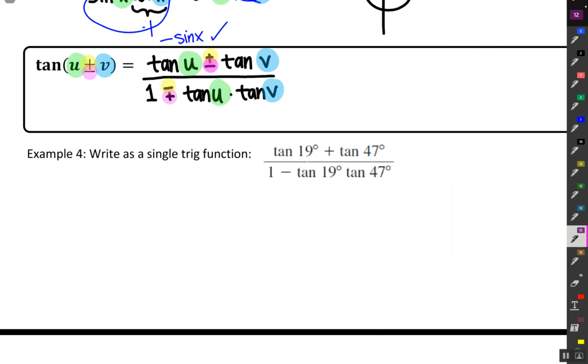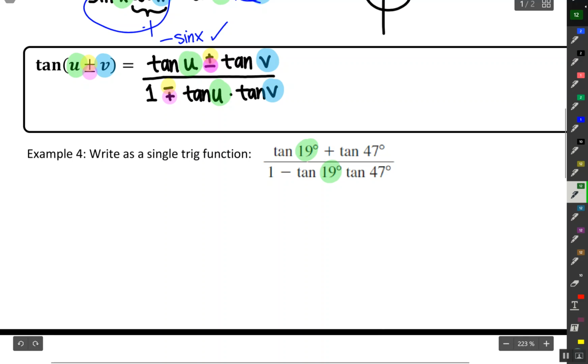Okay, so let's take a look at our example here. Write as a single trig function the tangent of 19 plus the tangent of 47 divided by 1 minus the tangent of 19 times the tangent of 47. So this is pretty much the formula. It fits it perfectly. Our u is 19 and our v is 47.